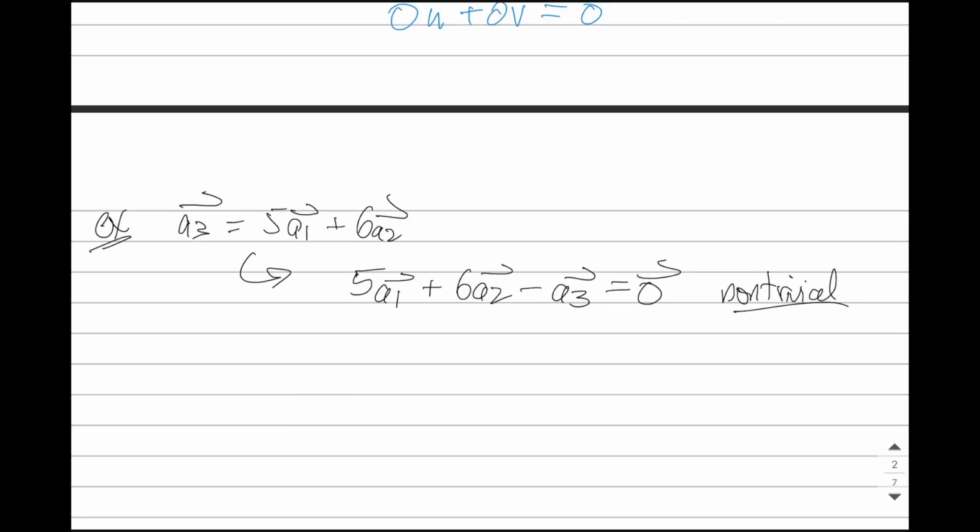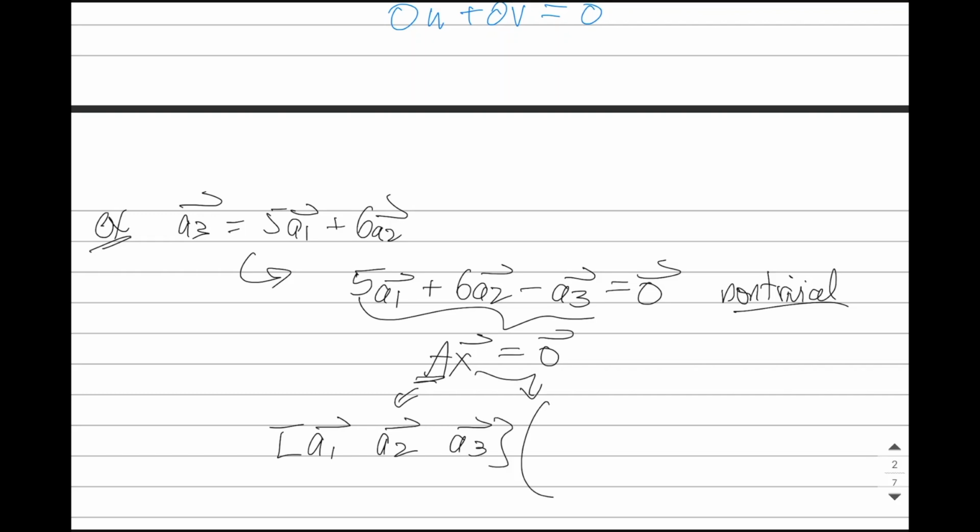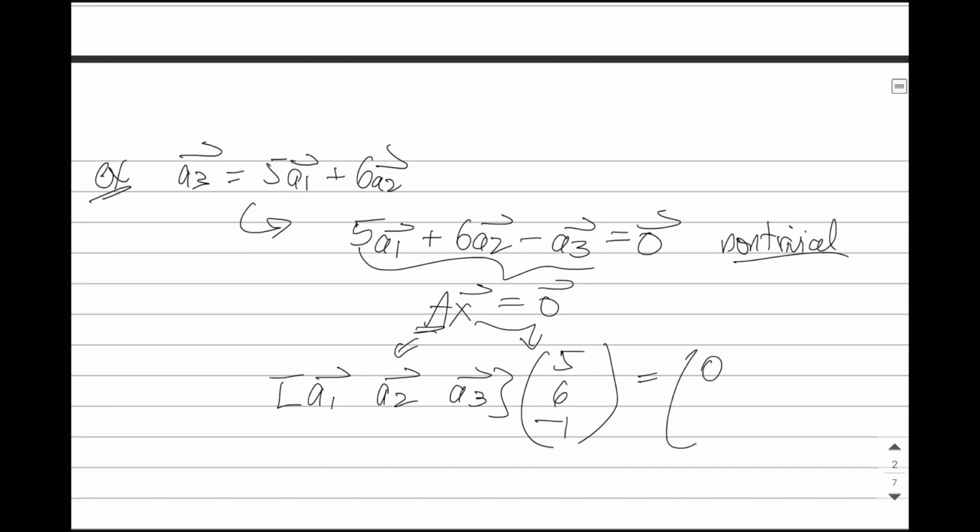To help us figure out whether or not a set is going to be a linearly dependent set, we're going to build off this result. We are going to let a1, a2, and a3 form the columns of a matrix. By definition, this is some matrix vector product where A has the columns a1, a2, and a3, and x holds the proper weights.